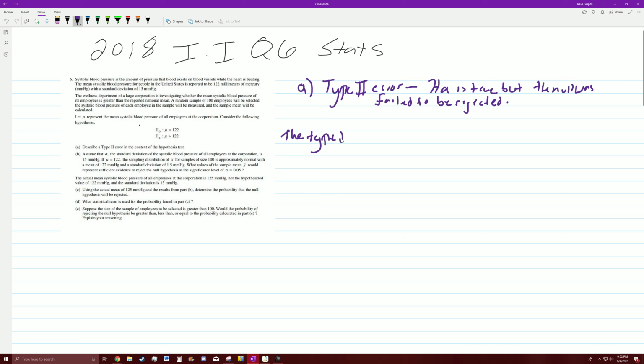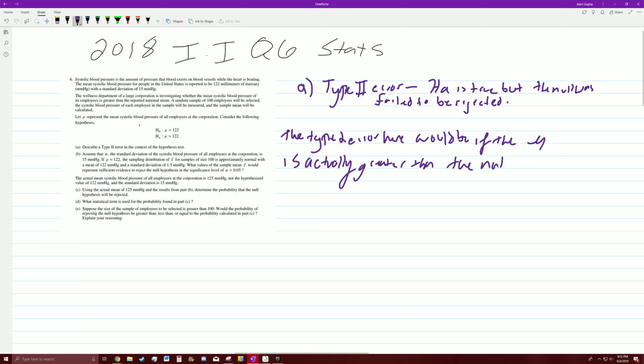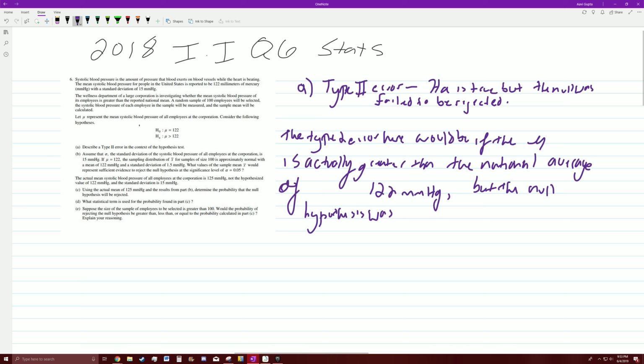The type 2 error here would be if the mu, because they define mu, is actually greater than the national average of 122 millimeters of mercury, but the null hypothesis was not rejected.